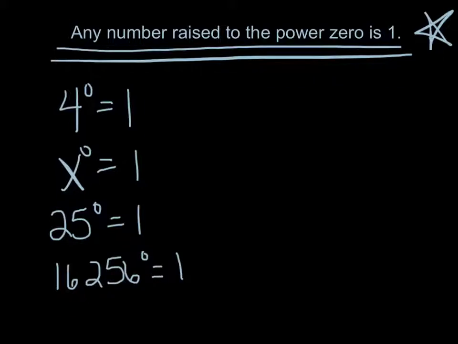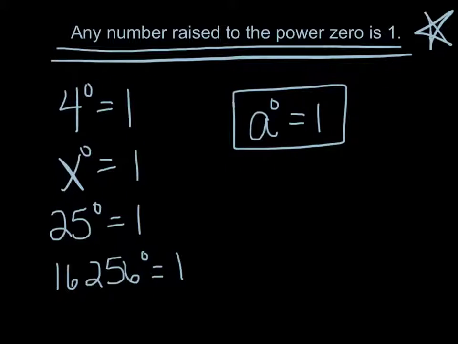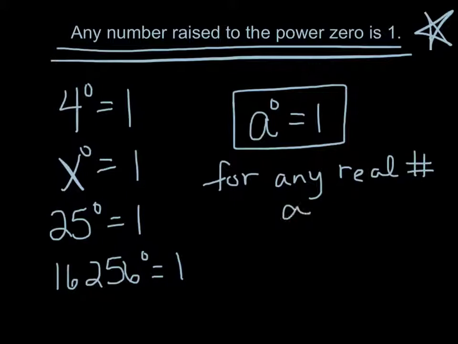So if I'm going to write a rule for you, a to the 0 power equals 1. That's for any real number a. If you want to check it on your calculator, hit 25, caret symbol, 0. And once you hit enter, it should tell you that it equals 1.